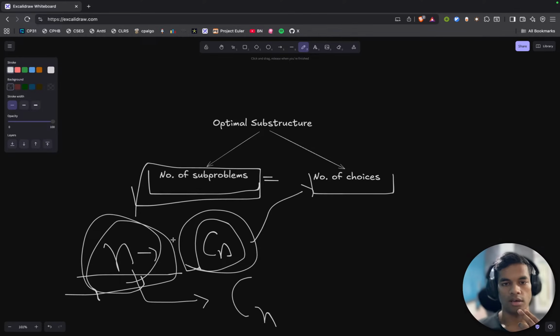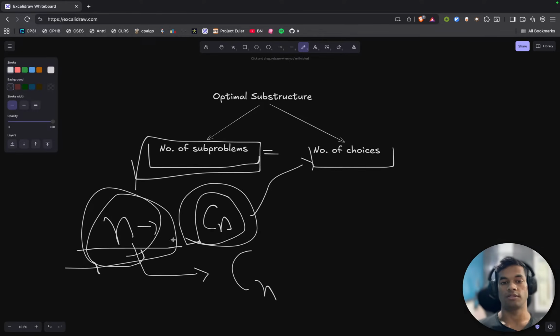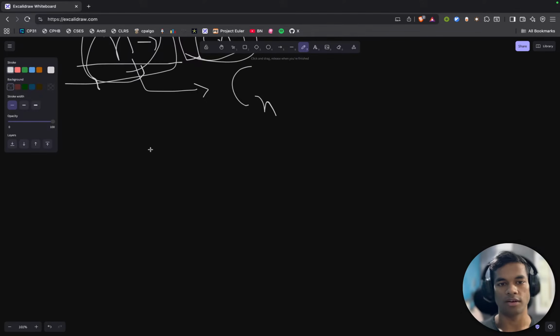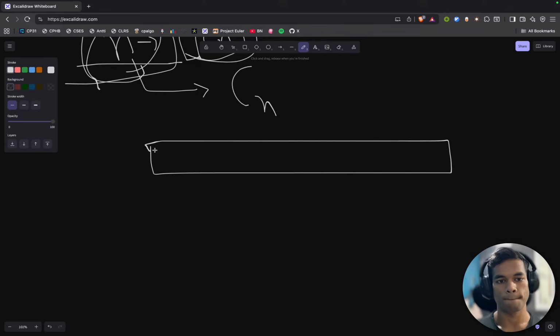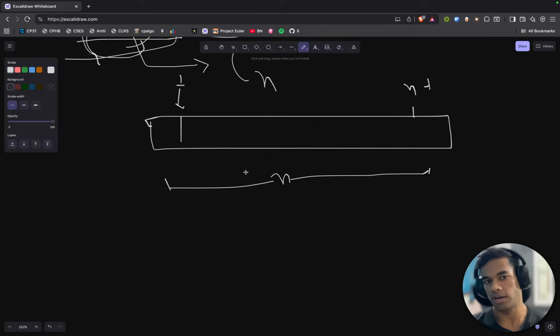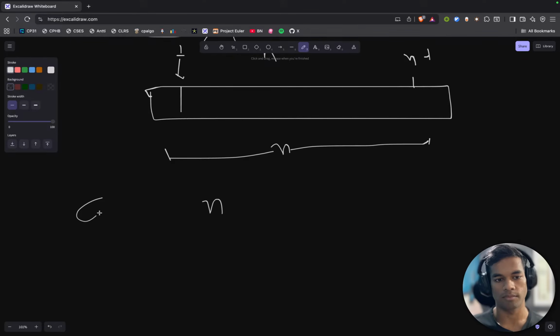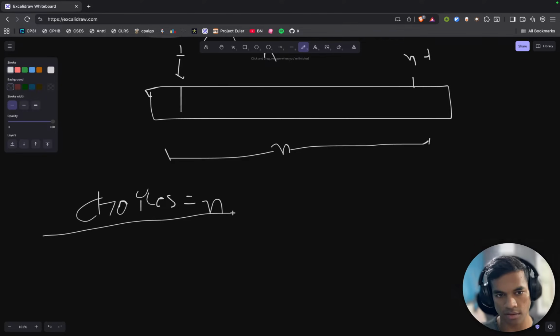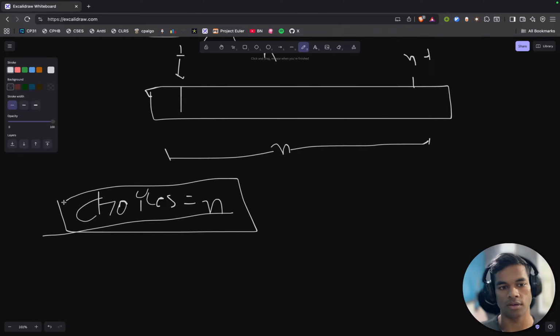But let's say for other problems like the rod cutting problem, if our rod is of size n, here we can cut our rod at the smallest index 1 or at the largest index n minus 1, or we could not cut the rod at all. So in total we have n choices, but each choice results in two subproblems.